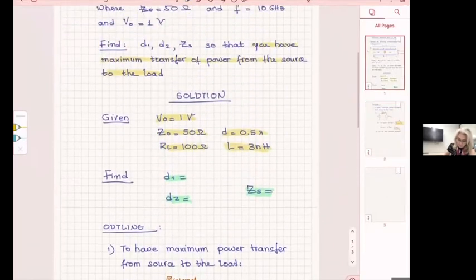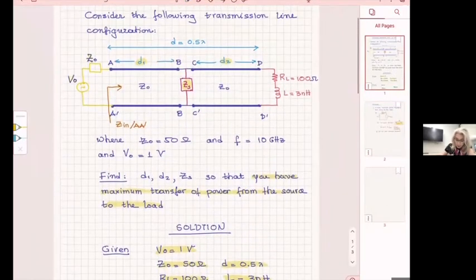Okay, so now we put the two conditions for maximum power transfer. Okay, let's see. Now, the situation here is that I'm going from my load to ZS, I add ZS in shunt configuration, and then I'm moving by another length until I find this to be Z naught.